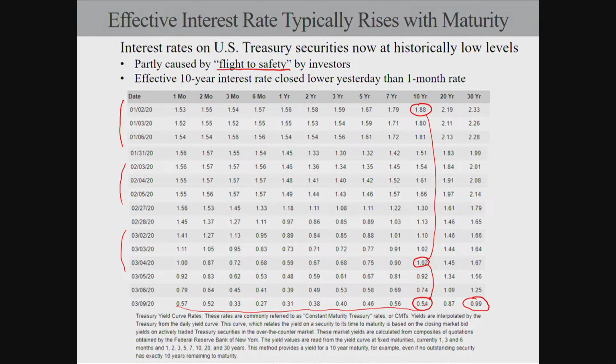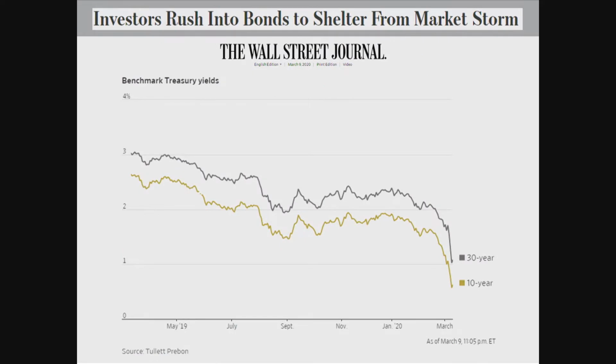And just to get a sense of how much it's changed over a relatively short period of time, here I show the figure. This is taken from the Wall Street Journal yesterday, looking at Treasury yields over the past year. So if you look about a year ago, there are two different securities here, the 30-year and the 10-year. You can see basically throughout the period, the 30-year has a higher interest rate than the 10-year.